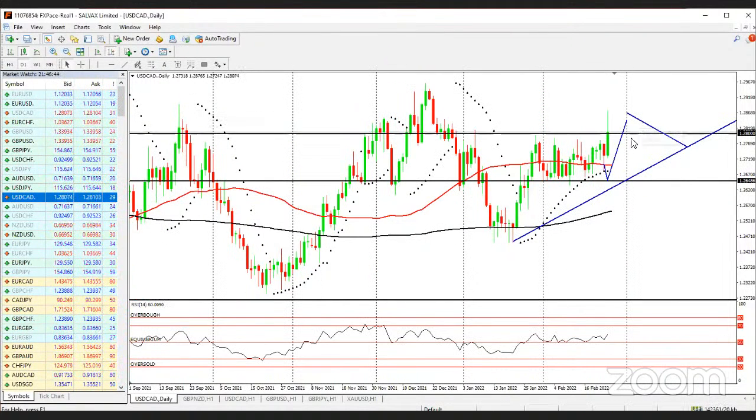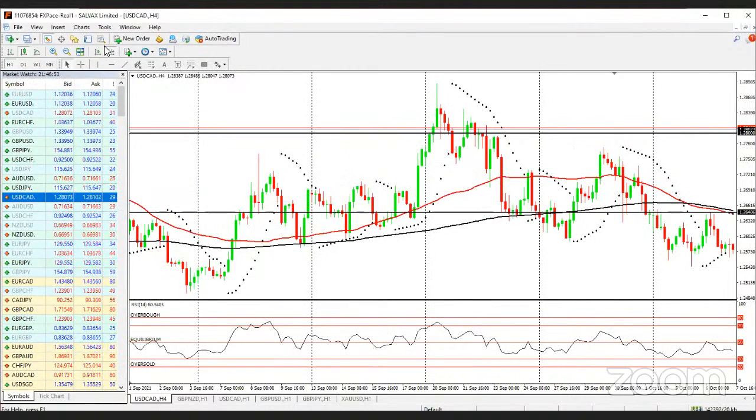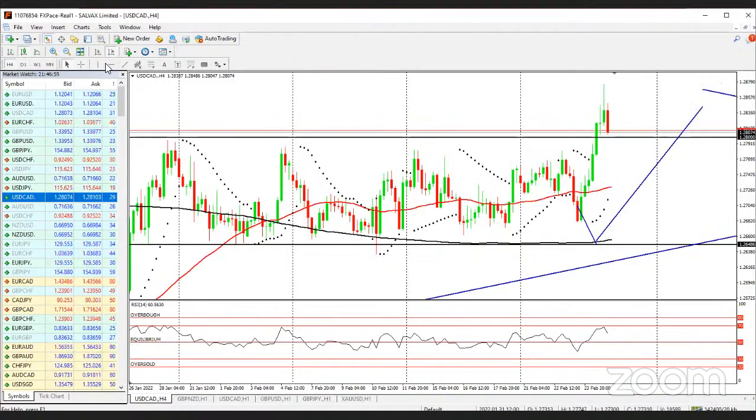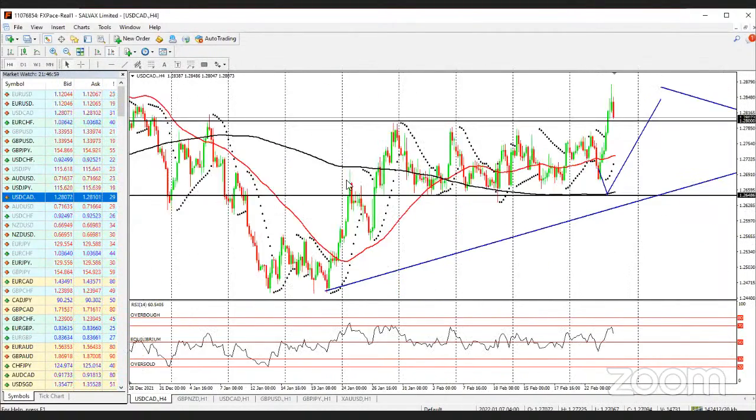I was having a class yesterday and I was telling these people this was a range that has lasted for weeks. I'm switching to H4. Now this range, this was our class yesterday.